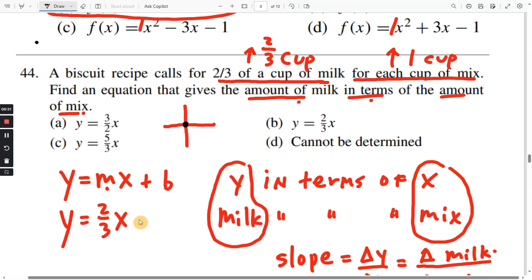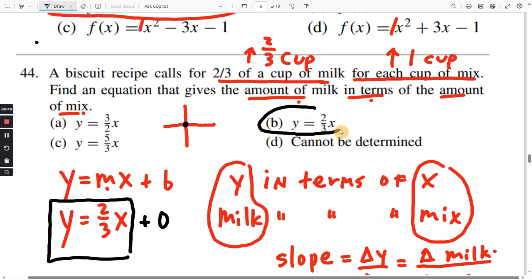The y-intercept is just 0. So this is the answer right here. This is the line equation. Y equals 2/3 x. That is answer B. The y-intercept is 0 because you don't start with any of either ingredient. You start at 0, 0.